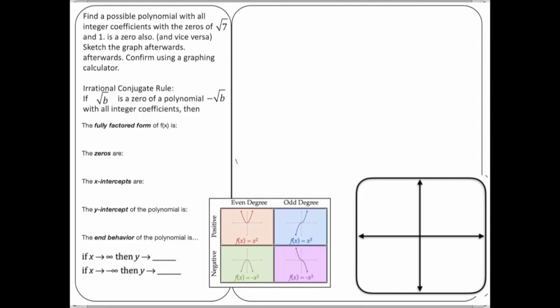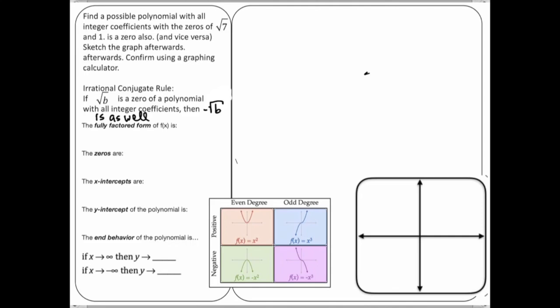And so this negative square root of b has to be down here. And then what got cut off is as well. All right, so now we're ready to go after we fix that.